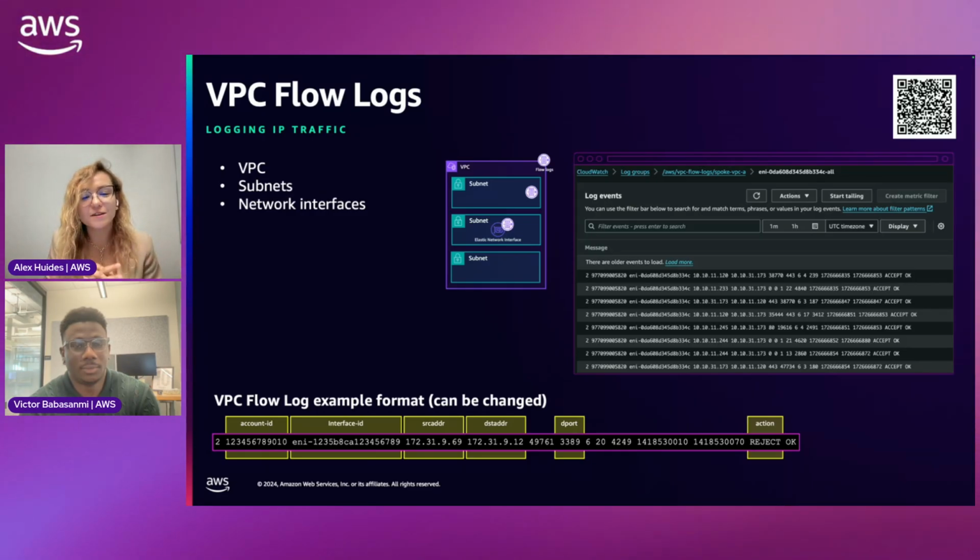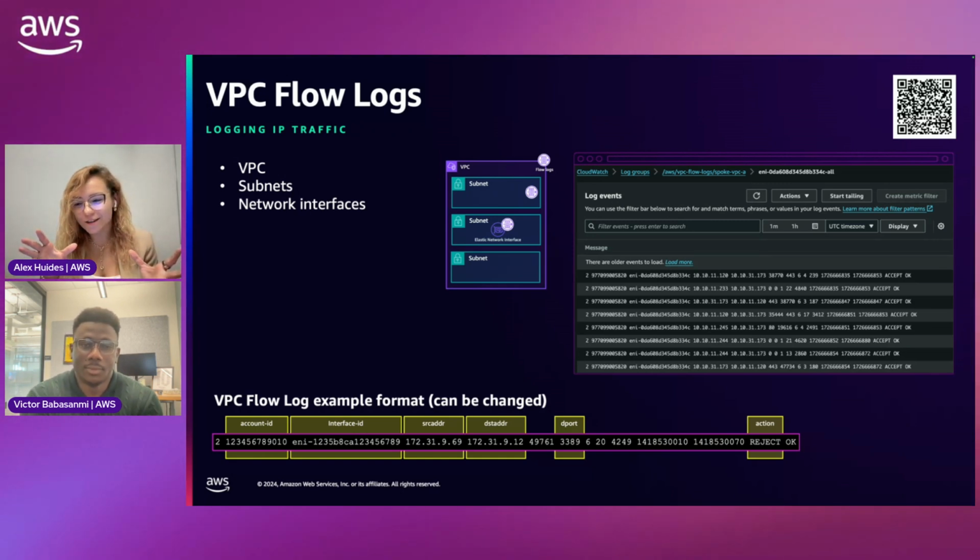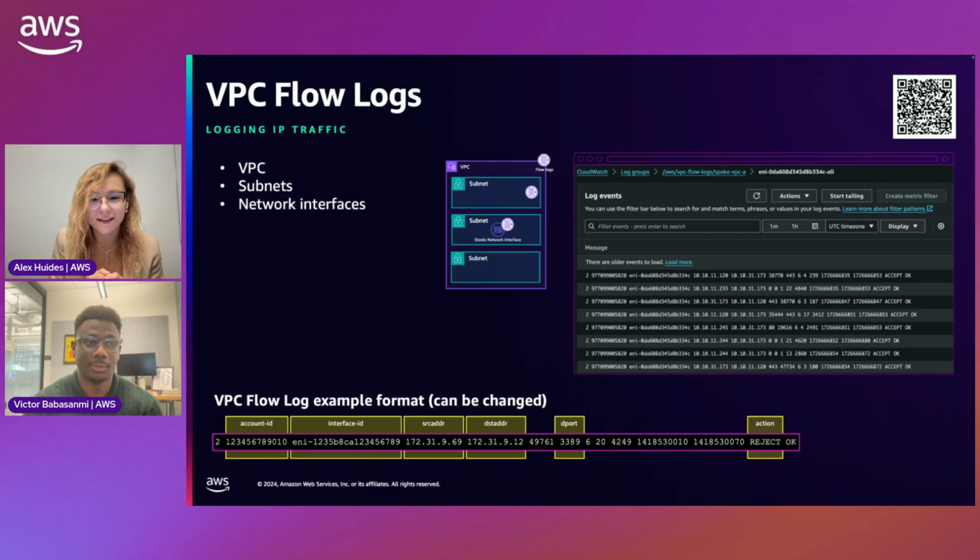So start with the questions you're trying to answer and map them to your dashboards. And then you have all the tools you need to get answers to those questions using the different telemetry sources and the analysis and visualization options.